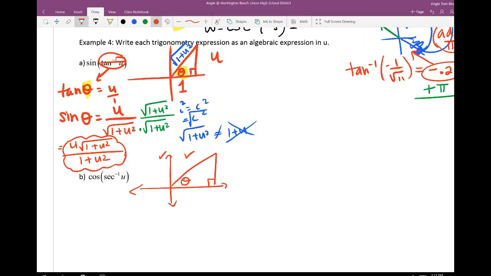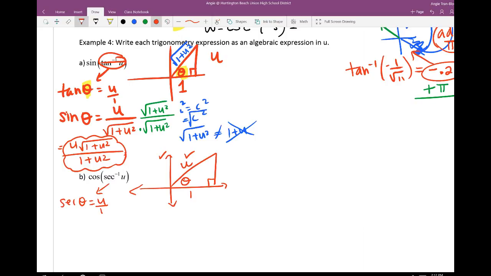So you're thinking secant of some angle equals u. Cosine is adjacent over hypotenuse, so secant is hypotenuse, which is u, over adjacent.